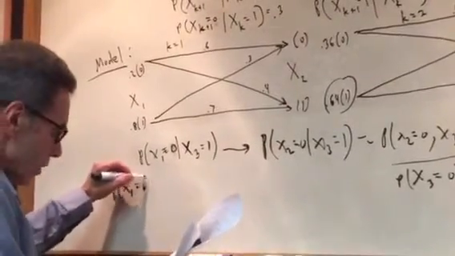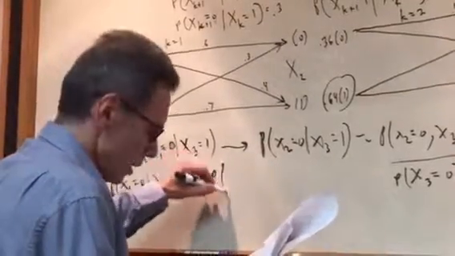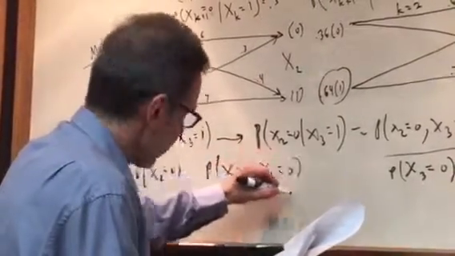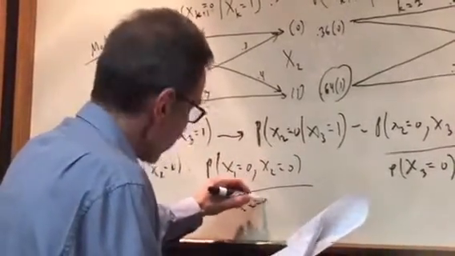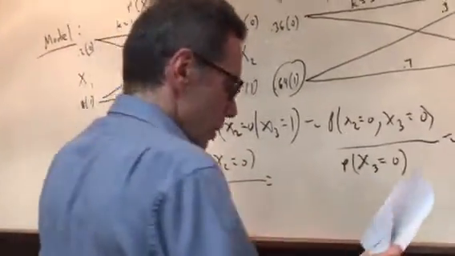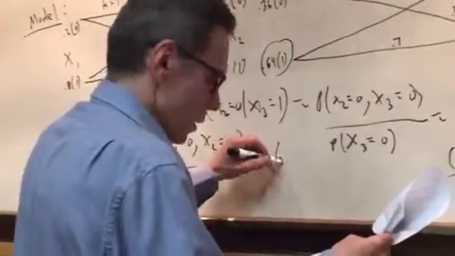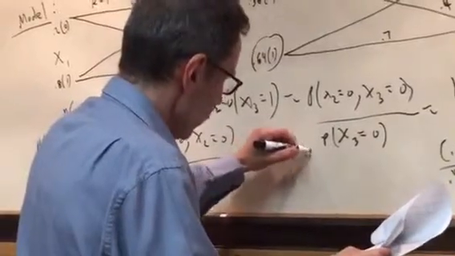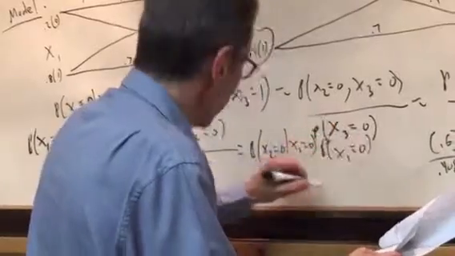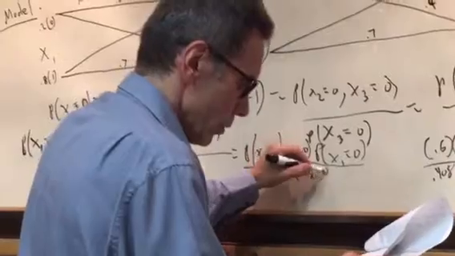Probability of x1 equals 0 given x2 is equal to 0, and this is going to be equal to probability of x1 equals 0 and x2 equals 0 all over x2 equals 0, and this will equal probability of x2 equals 0 given x1 equals 0 times the probability x1 equals 0 over probability of x2 equals 0.